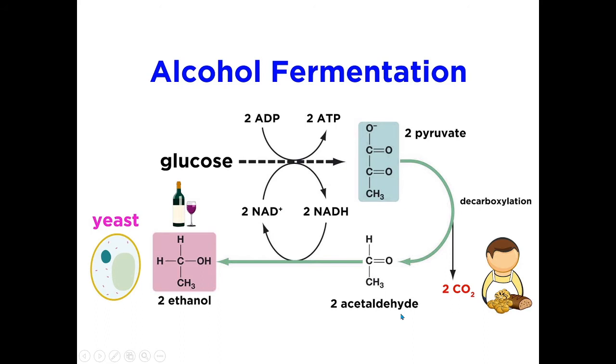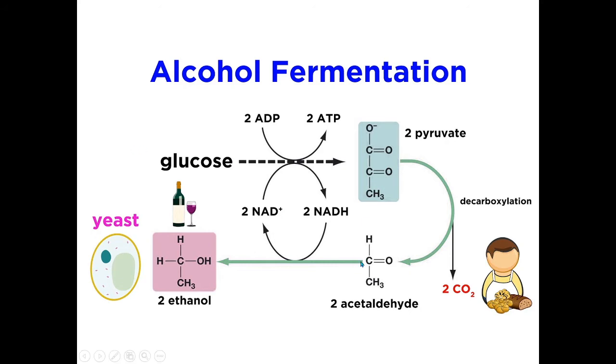Two molecules of pyruvic acid liberate two molecules of carbon dioxide, and two molecules of acetaldehyde are formed. This reaction takes place in the presence of the enzyme called pyruvic acid decarboxylase. In the second step, the acetaldehyde molecules are then reduced to ethyl alcohol.